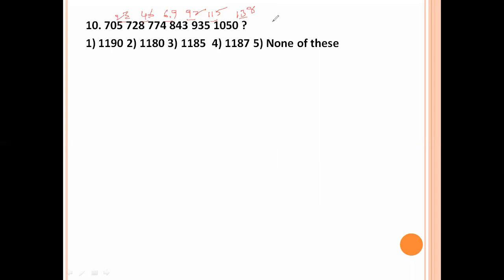We add that one. 1 1 1 double 1 double 8. Option not there, so none of this is the right answer.